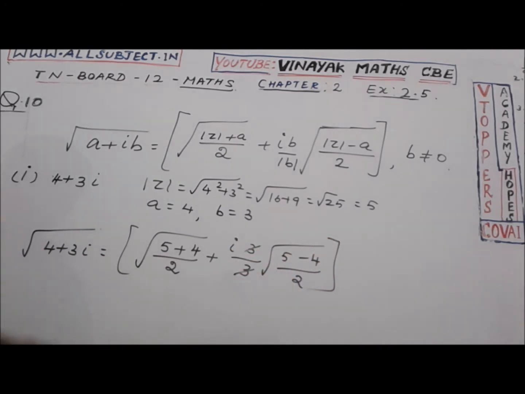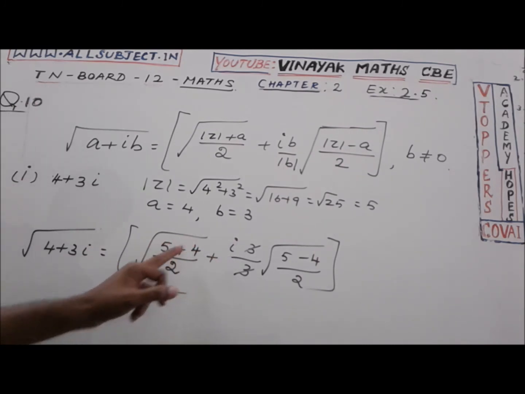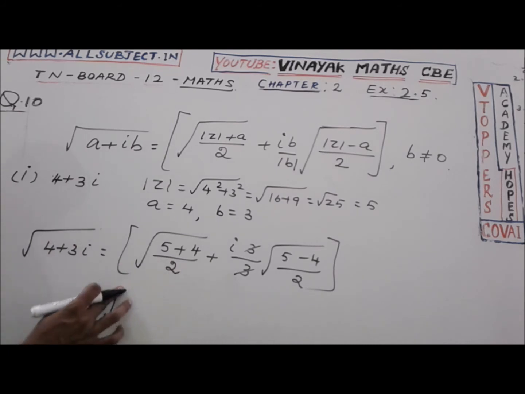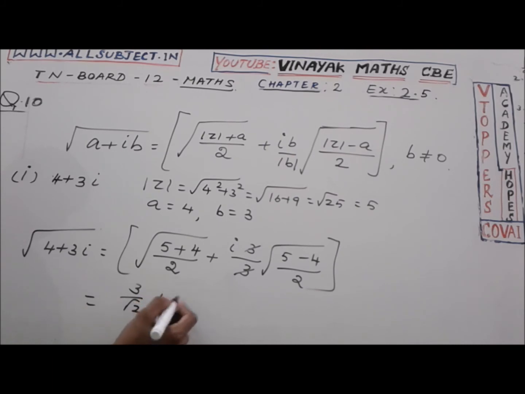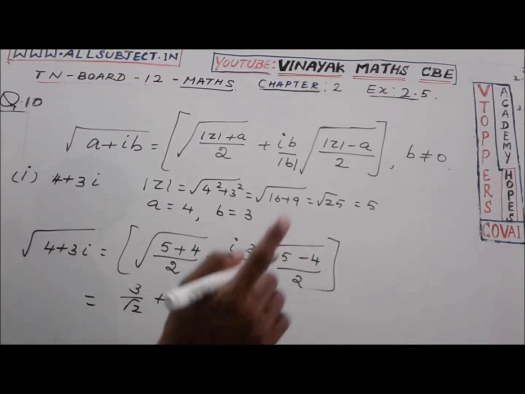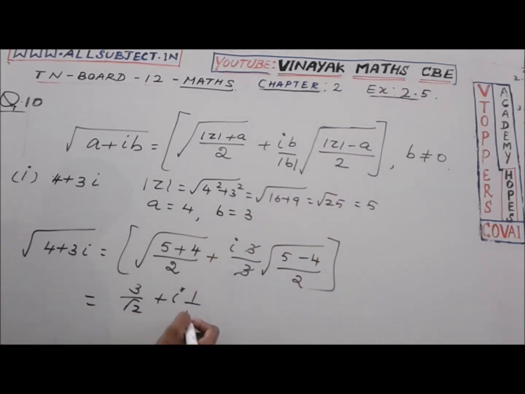Here 5 plus 4 is 9, so root of 9 by 2 is 3 by root 2, plus i into 5 minus 4 is 1, so 1 by root 2.